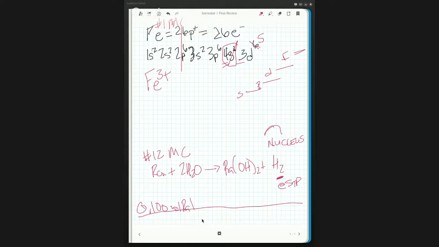And so let's build our bridge. For every one mole of radium, we have 1 mole of H2. And for the volume, we're at STP, so for every 1 mole of H2, that's 22.4 liters of H2.